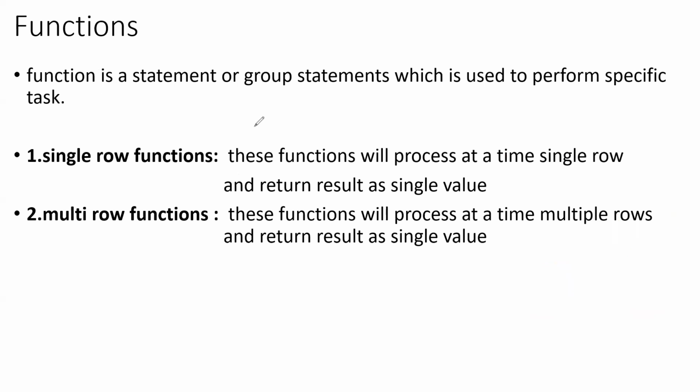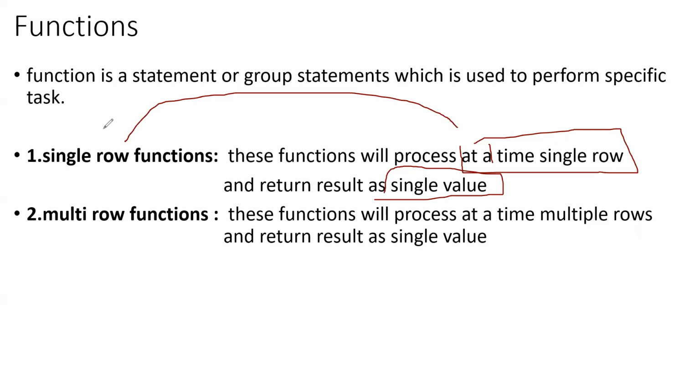Just check the theoretical part. A single row function processes one row at a time and returns a single value. Output is a single value. The name itself says that we are going to apply those functions for a single row. After applying on a single row, it gives a single value.